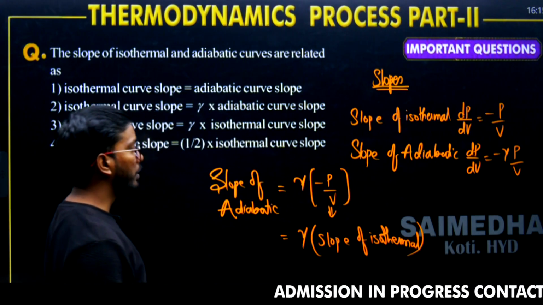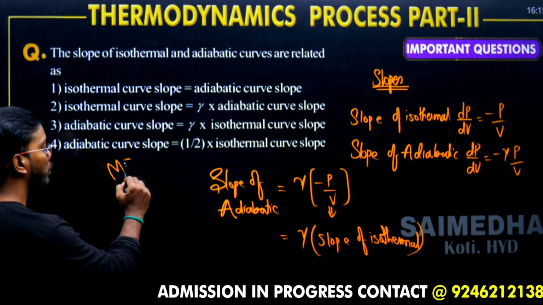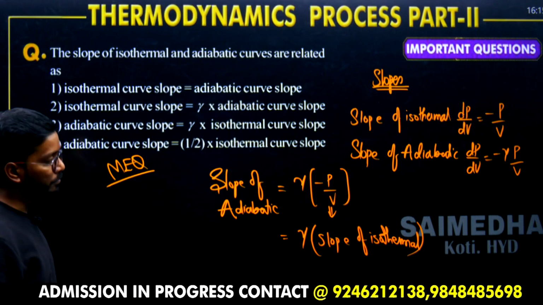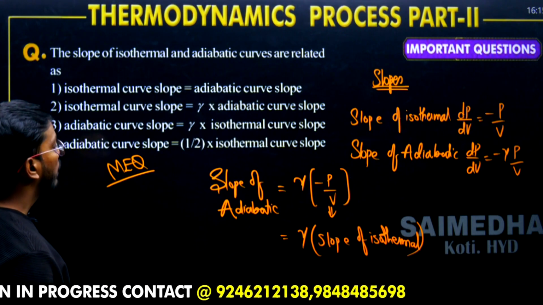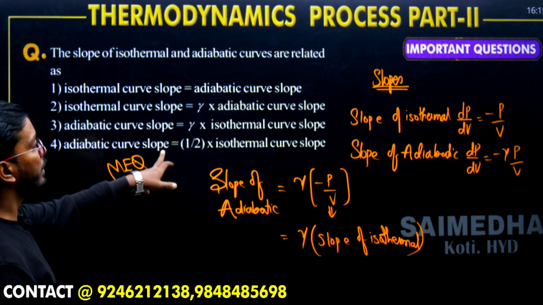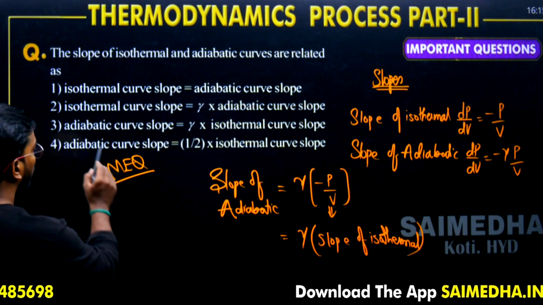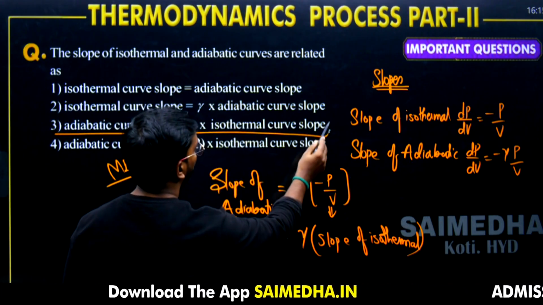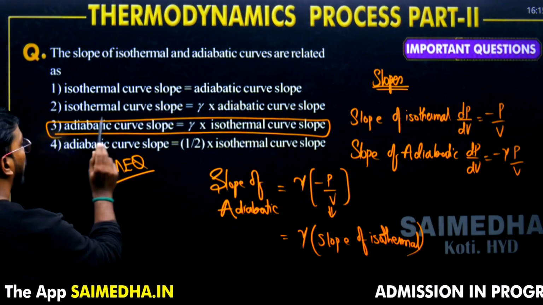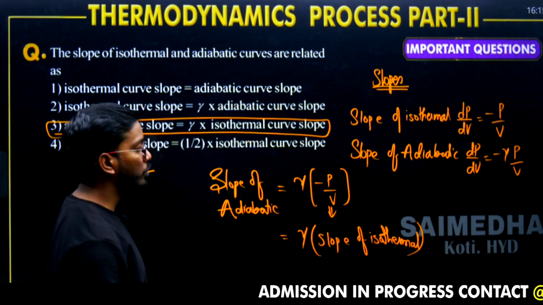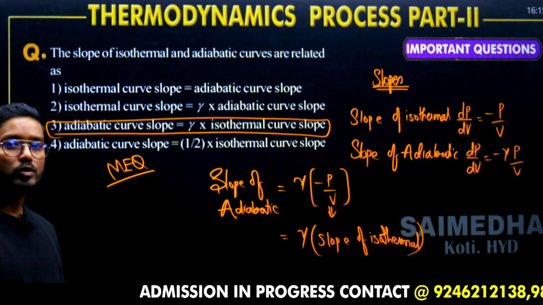Slope of isothermal. Very important question. This is also MEQ, most expected question in the examination. So what is the correct answer now? Adiabatic curve slope is how many times isothermal curve slope? It is gamma times. Okay, adiabatic curve slope is gamma times the isothermal curve slope. Go through it. Pause the video and note it down.